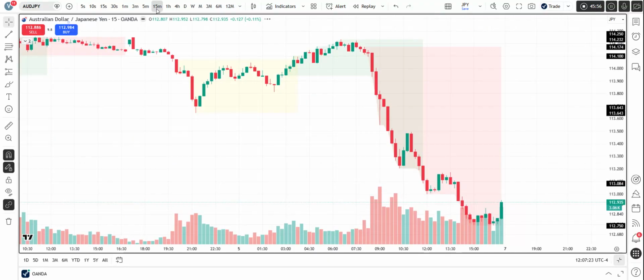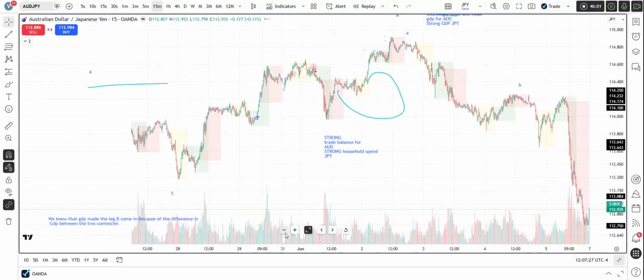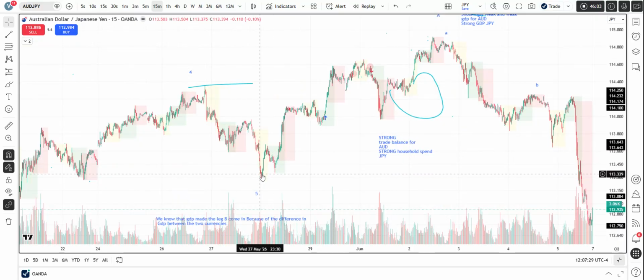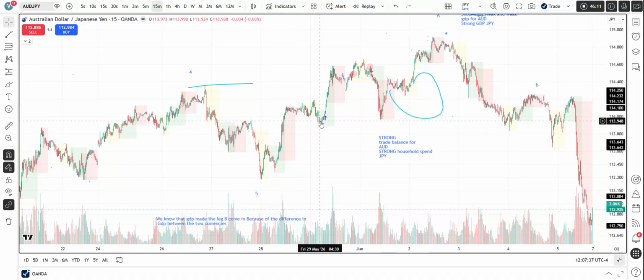Then if you look at it on a lower time frame, this is one, two, three, and then four, then five, and then a refresh.